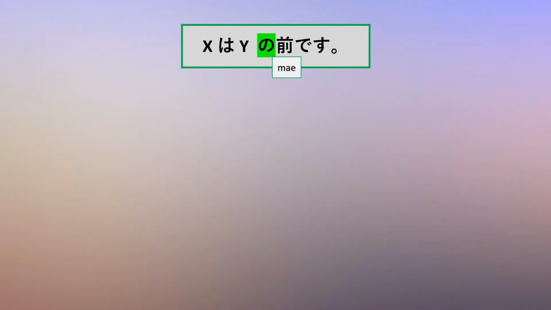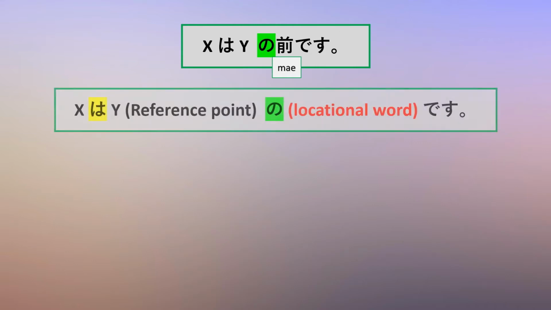Okay, in this lesson we will learn how to describe the location of an item relative to another, as in X wa Y no mae desu. X is in front of Y. Here, X is the thing or person we find, and Y is the reference point, in front of the building, at the back of the building, behind the restaurant.